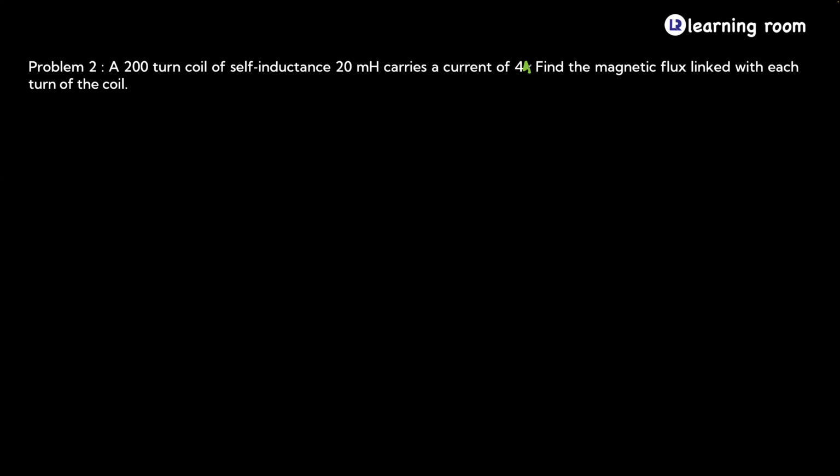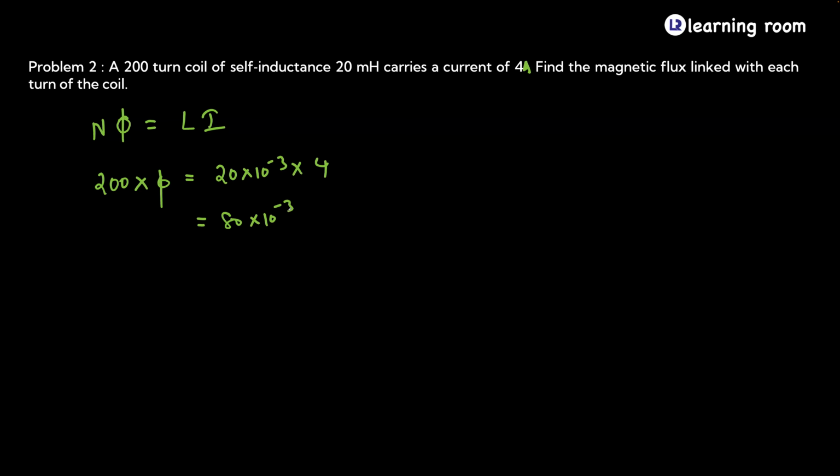Okay. So what is the formula? Flux is equal to L into I. But here you need to remember it is N into phi is equal to L into I. What is the value of N? It is 200 into phi is equal to L, which is 20 into 10 power minus 3, into I, which is 4. So it should be 80 into 10 power minus 3. Right? But the question is very clear: find the magnetic flux linked with each turn.